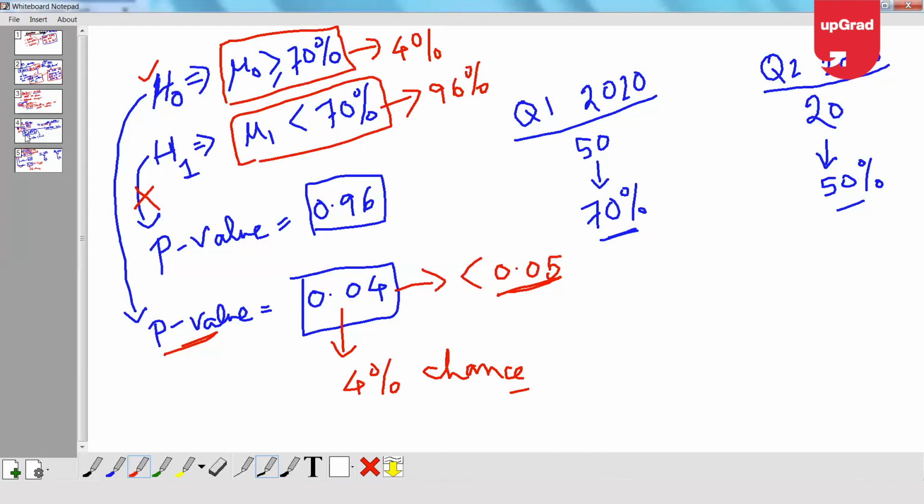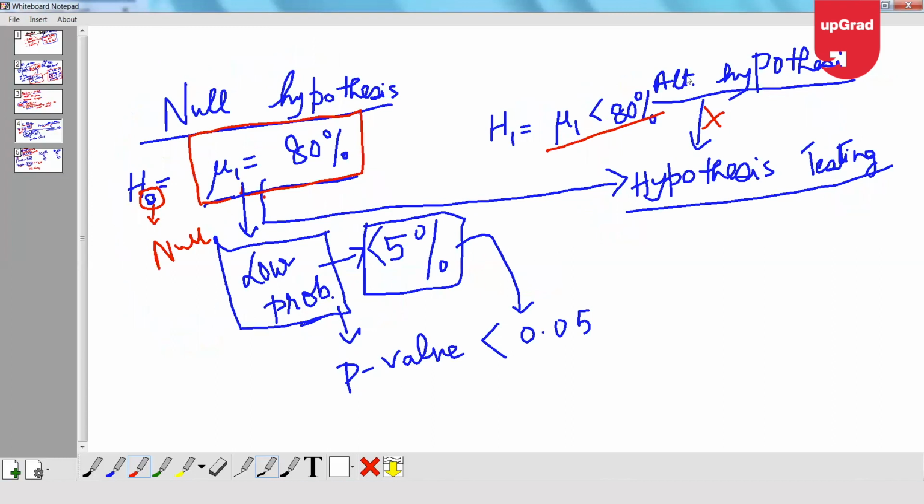So my objective was to test the alternate hypothesis, which I cannot do directly. So I will test through the null hypothesis, do some calculation, get a p-value, and then look at whether the value of this p-value is less than 0.05 or not.